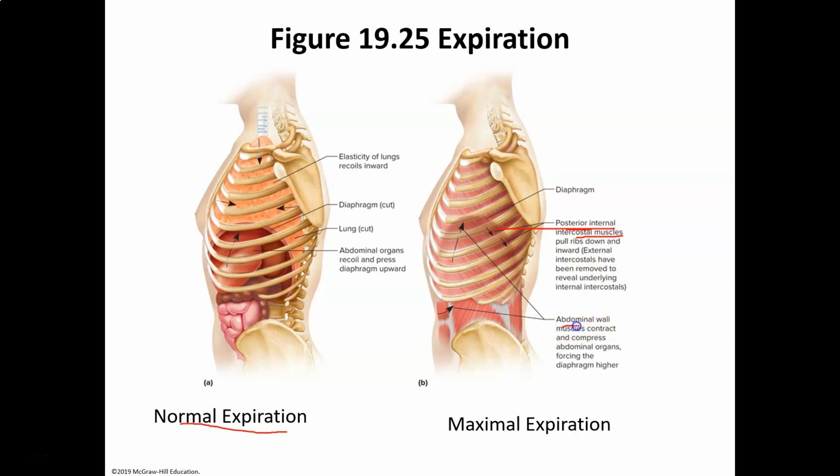The abdominal muscles are going to play a huge role in squeezing and compressing and decreasing the volume of the rib cage. And when you decrease the volume, remember that increases pressure. If you decrease volume, you increase pressure.